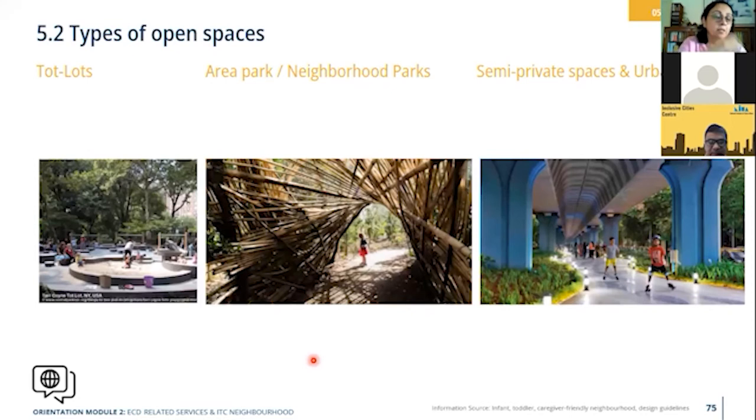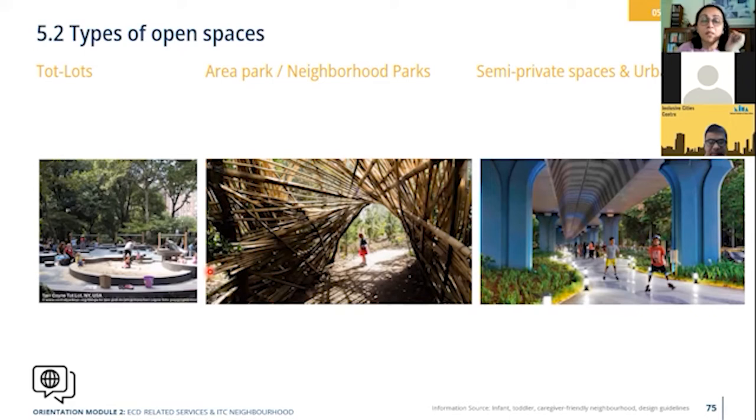Okay. So here again, going to the symbol, these images can be localized as per the context where you are delivering the training. But according to our present guidelines for ITC, the open spaces in a neighborhood, like you all rightly pointed out, are in 3 categories. This has been done on the basis of what?